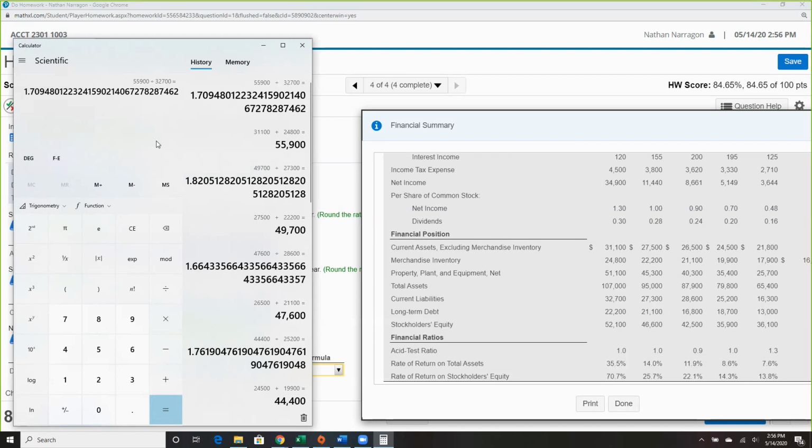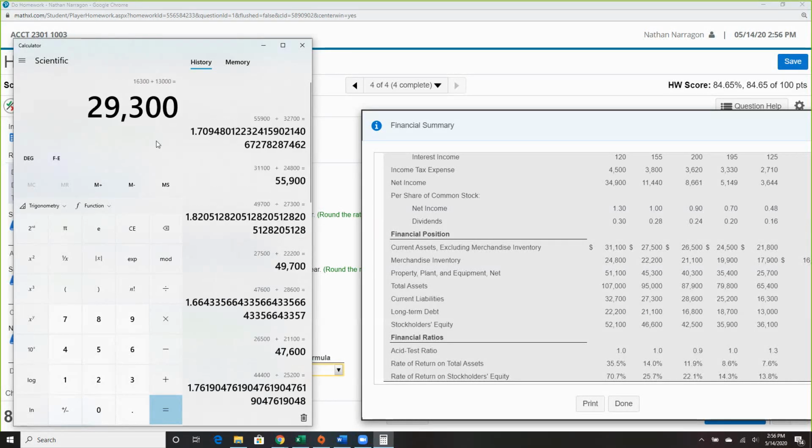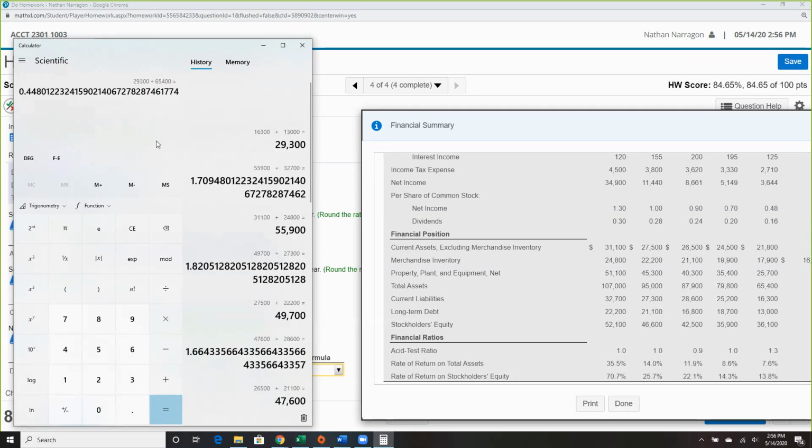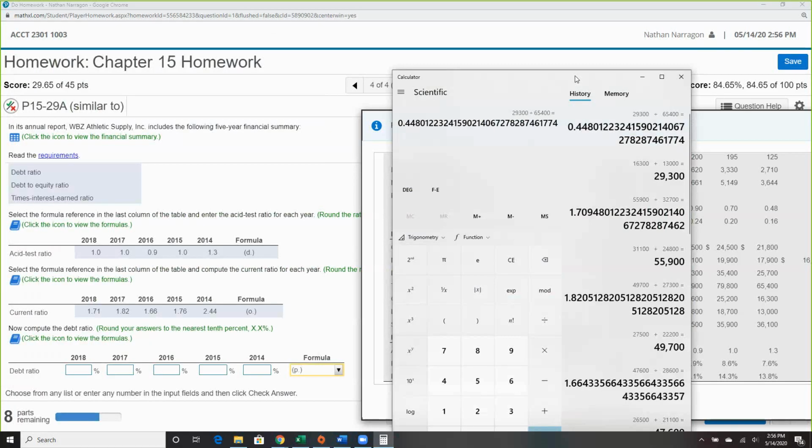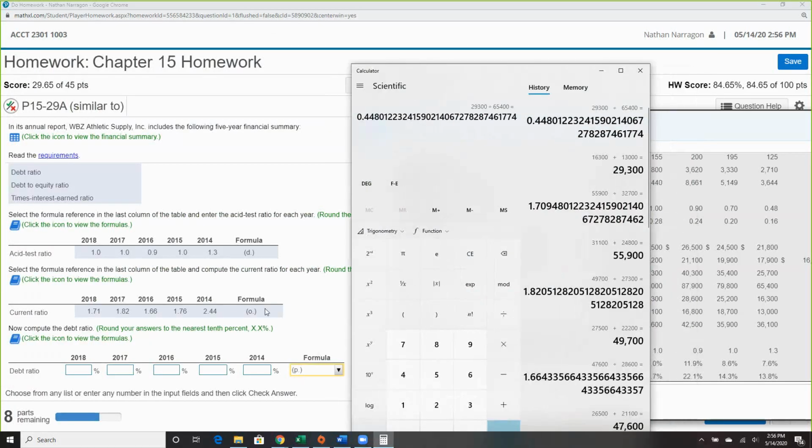Alright, so 14. And there's our total liabilities, divided by our total assets. So, we're looking at, these are percentages.